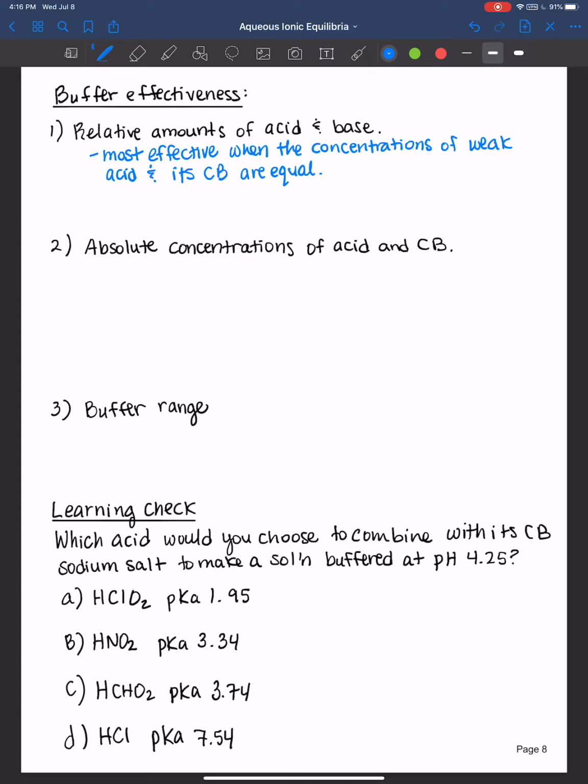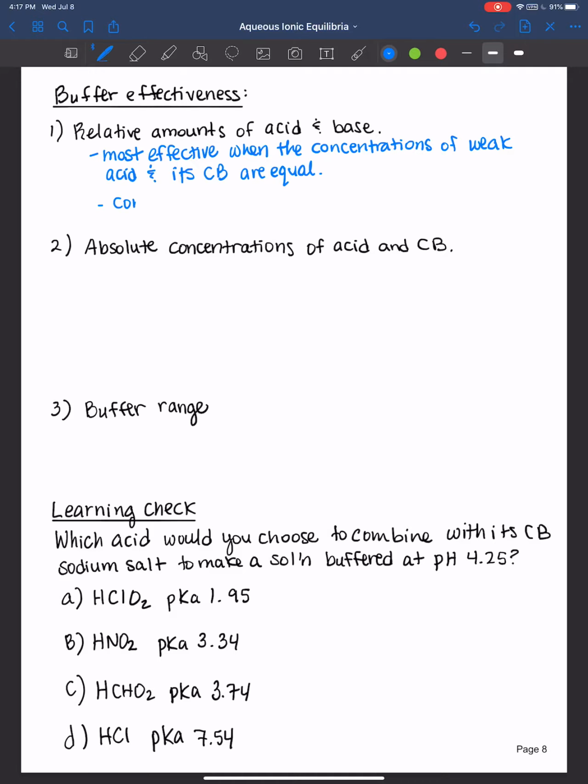So you've seen in the previous videos, in many cases, like the acetic acid was 0.1 molar as well as the sodium acetate was 0.1 molar. So it's more effective when you create a buffer that has equal concentrations of weak acid and conjugate base so that it can withstand additions of acid and base.